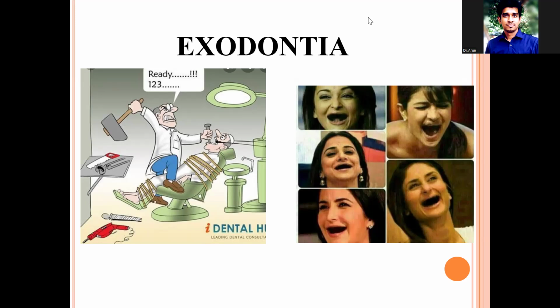If you're going to extract the first, second, and third quadrants, you should always stand next to the patient in the 6 to 9 o'clock position. Only for the fourth quadrant extraction, you'll be standing behind the patient between the 9 to 12 o'clock position.